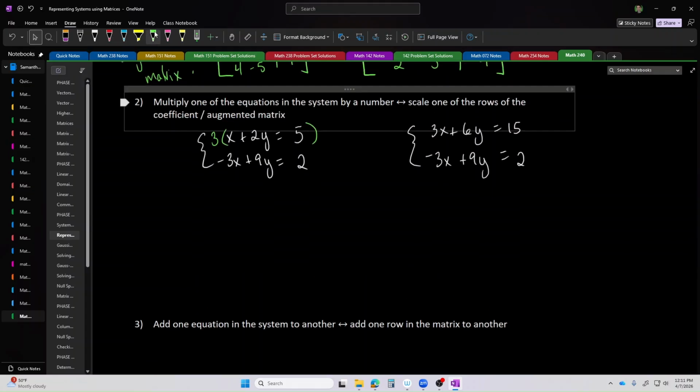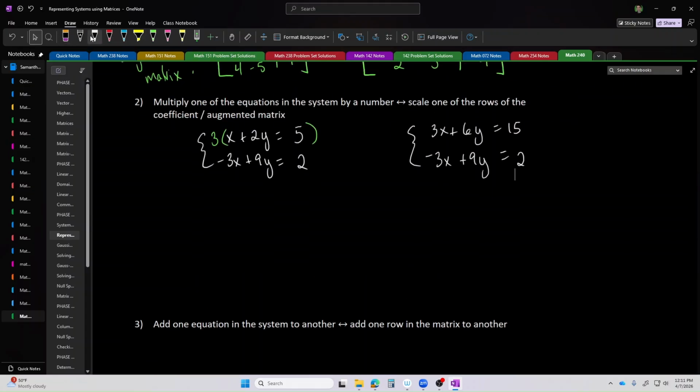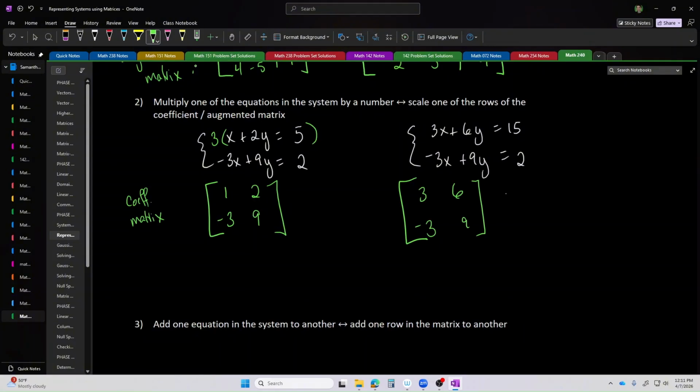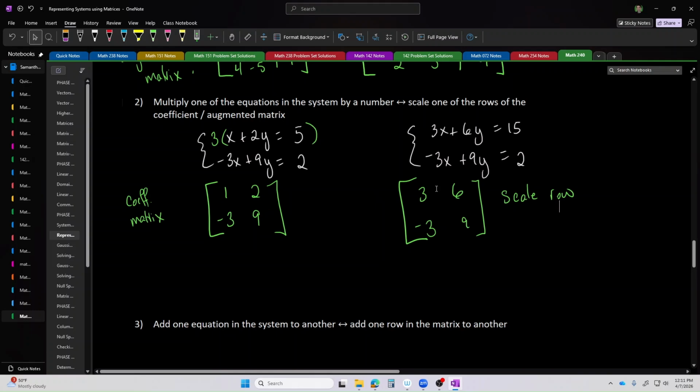So if I was working instead with the coefficient matrix for the system, the coefficient matrix for the original system would be the coefficient 1 on x, 2 on y, negative 3 on this x, and 9 on this bottom y. And the corresponding action on the coefficient matrix would be to scale that first row. Every entry in the first row is getting multiplied by this 3.